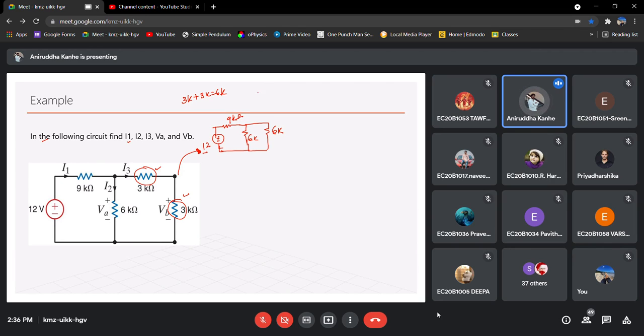Now, to use the current division, you want to find the current flowing in this branch, let us say I, but you still don't know it. So far we have not used any other technique, so you have to merge these two resistances. 6K in parallel with 6K, can anyone tell me what that is? It is 3K. So now this is 3K, that's 9K, and this is 12 volts.